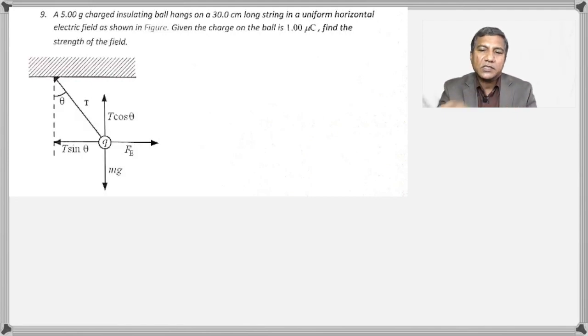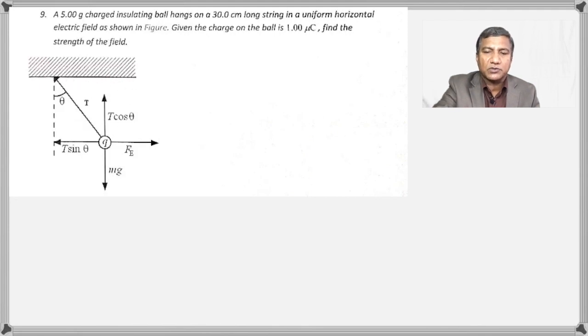Because the two forces, one is along the y-axis, the other is along the x-axis, but this tension is neither along the x nor the y, we need to break it up into its components. So you get T sine theta and T cosine theta, and you get that from the triangle.